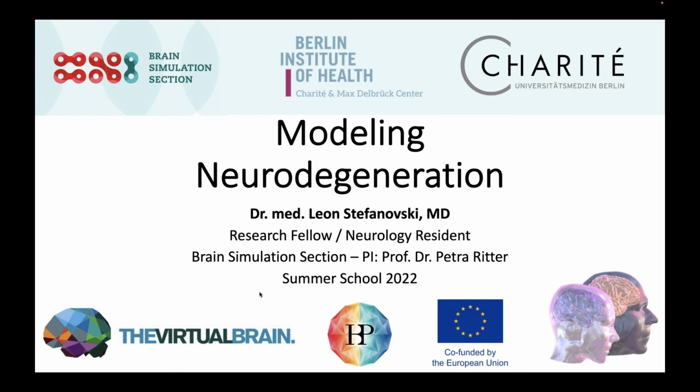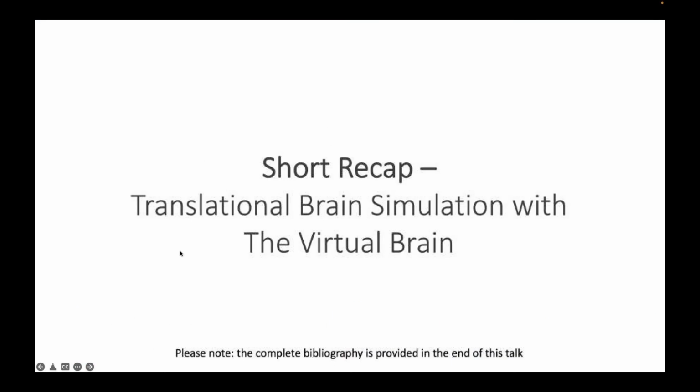And I will now give you an overview of what we are doing, but also what is important, in my opinion, to know if you want to apply computational neuroscience and modeling to the complex field of neurodegeneration. So it might be a broad talk, but I hope it will not be too much.